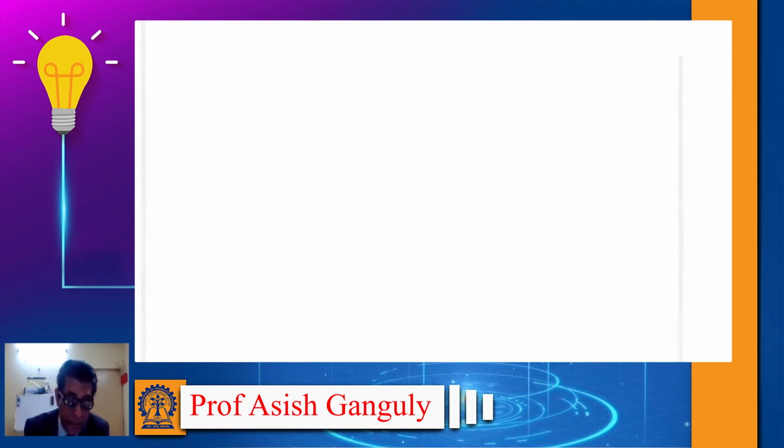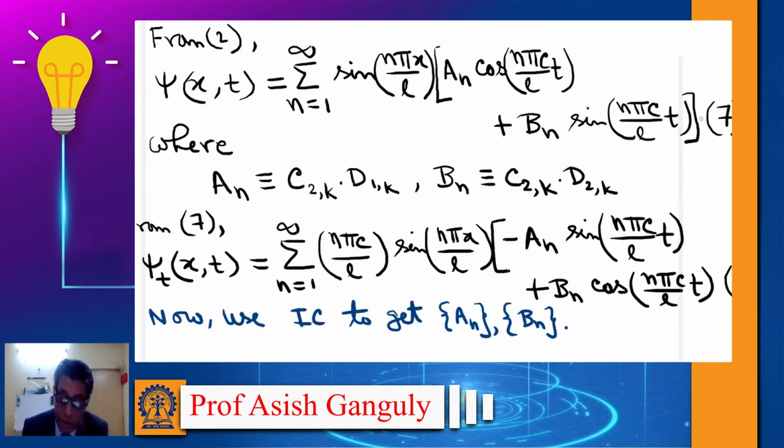First is psi x 0 equal to f x. Okay, this implies, you see psi x 0 is here, equation 7. So if you put t equal to 0, then the cos term will be 1 and the sine term will vanish. So only An will remain, right or not?